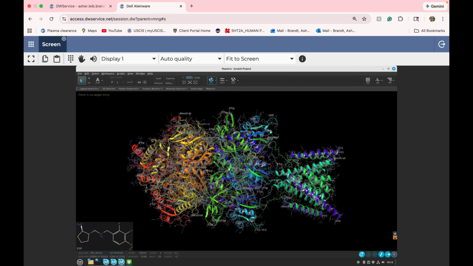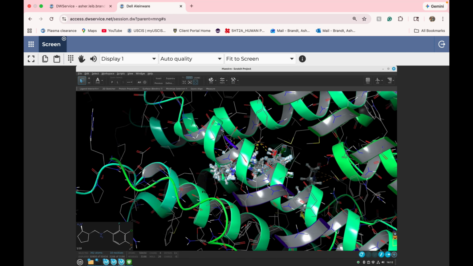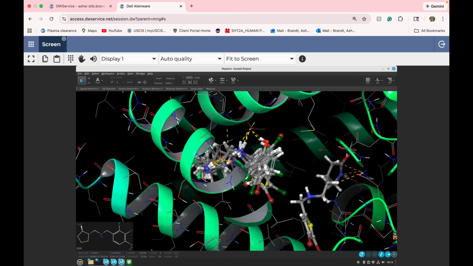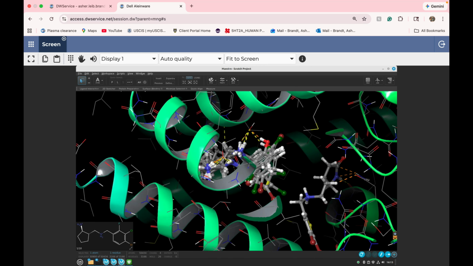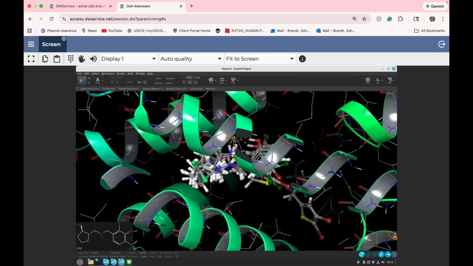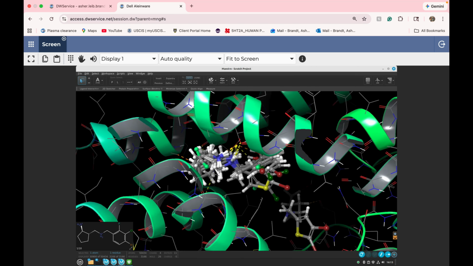Ligands. File. And we can zoom in. Alright, let's take a look at this and see what the situation is regarding the binding pocket. A lot of these ligands are occupying a similar 3D space.